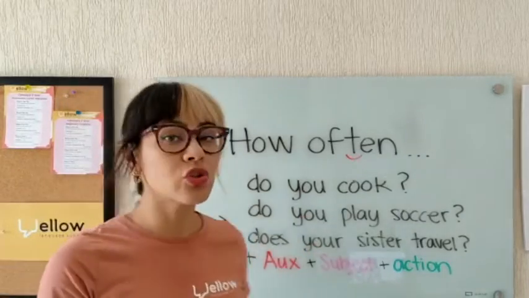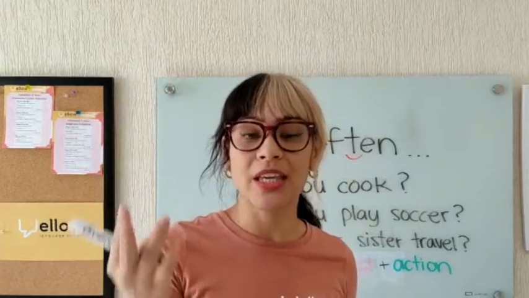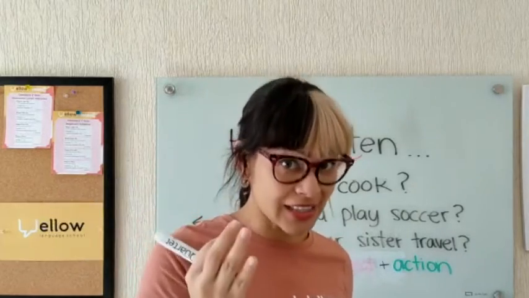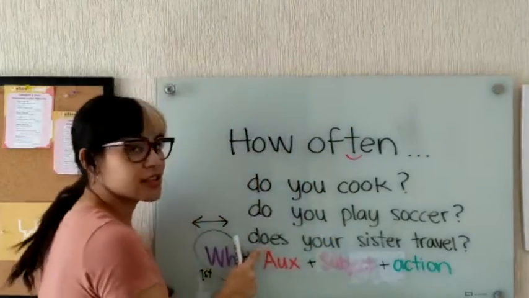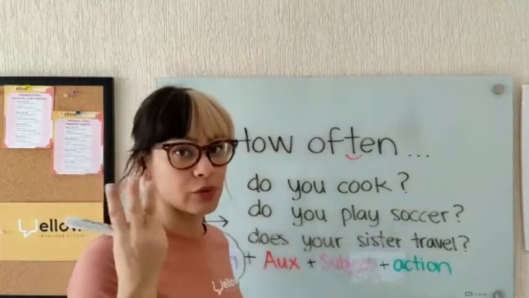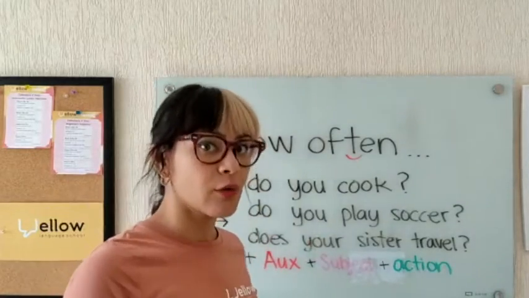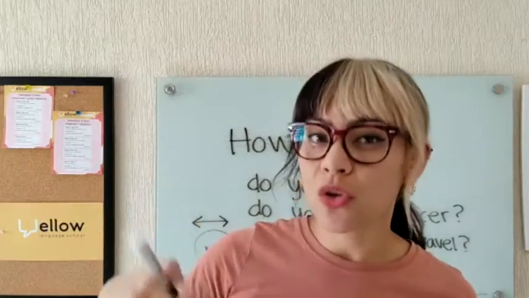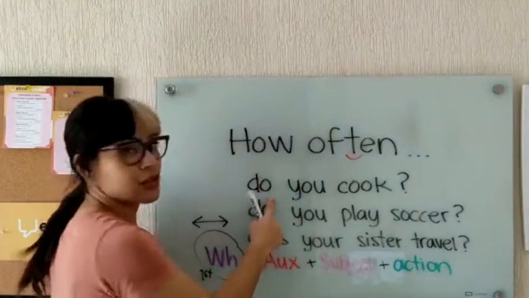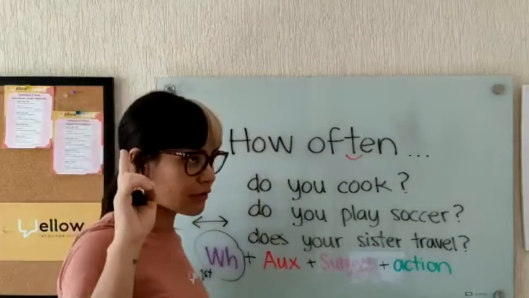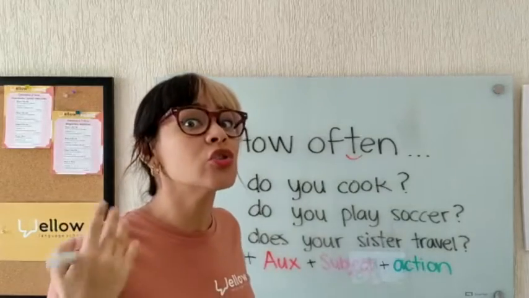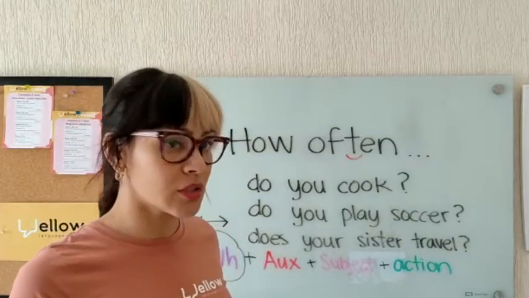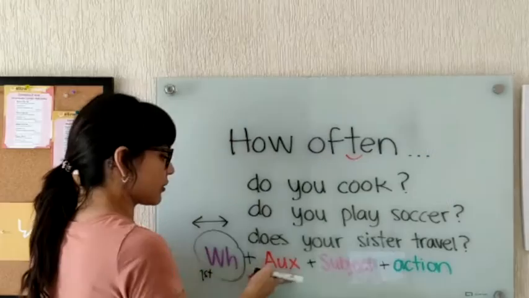And if you're talking about third person, that will be he, she, or it, you will need does. Only for those three will it be does. For I, we, you, and they, you need do. So you only have to think about who you are talking to with this question, and you need that auxiliary.